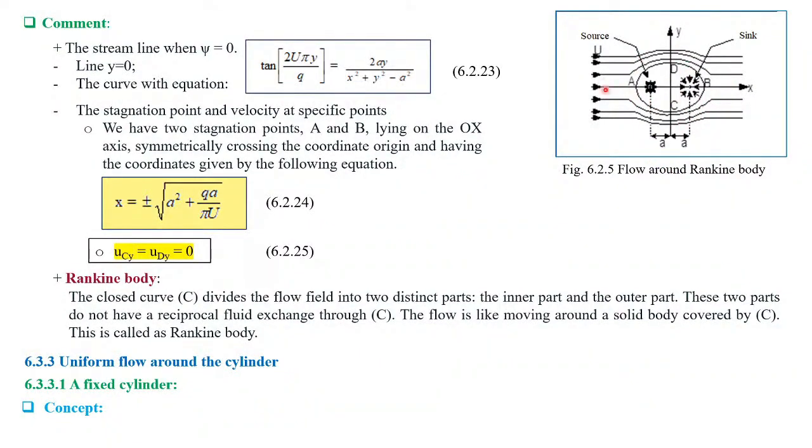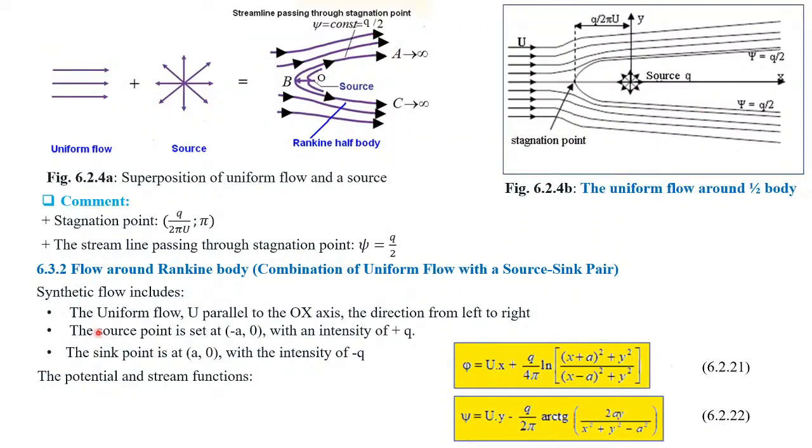So we get the combination of three kinds of potential flow. This synthetic flow includes the uniform flow U parallel to the x-axis, the direction from left to right.